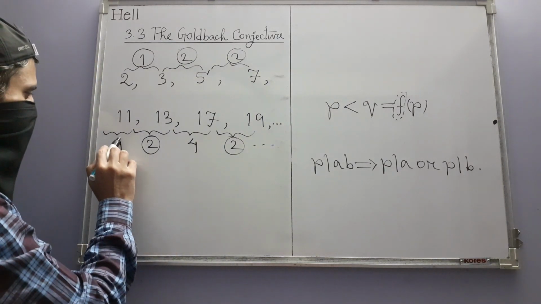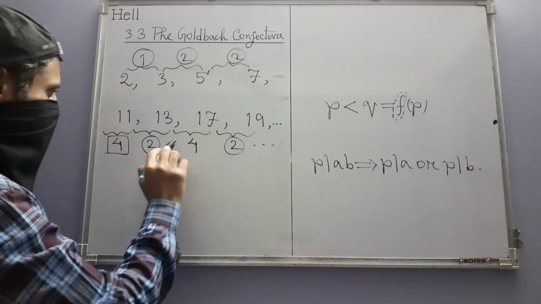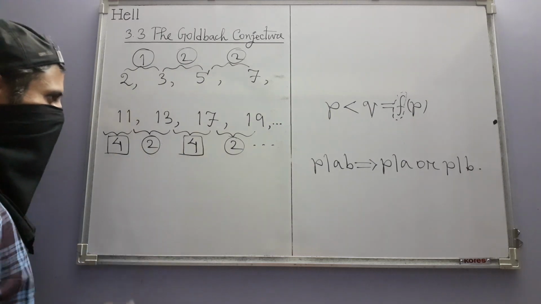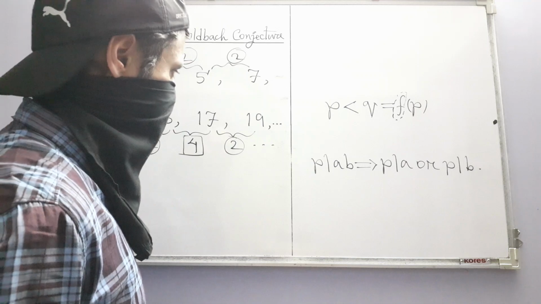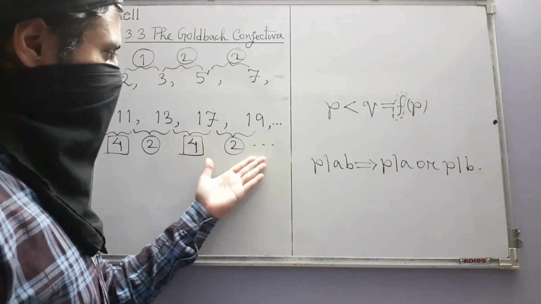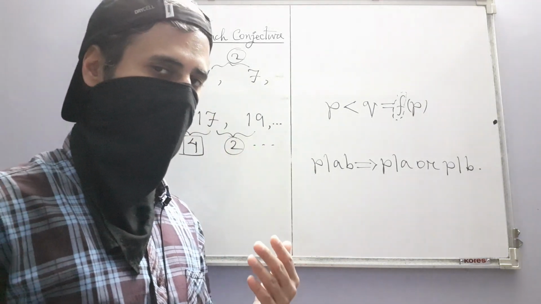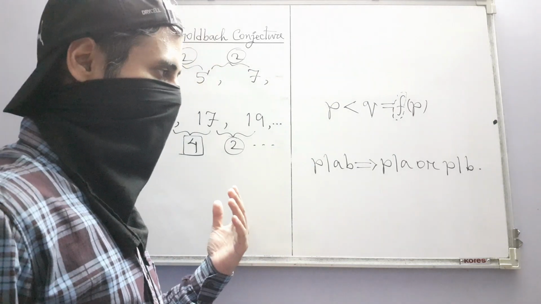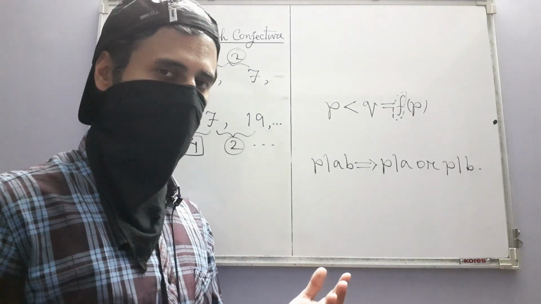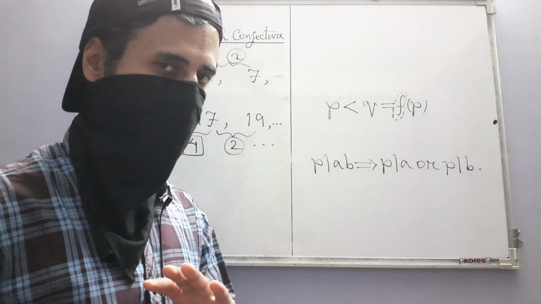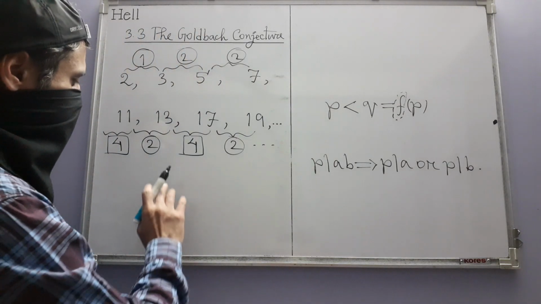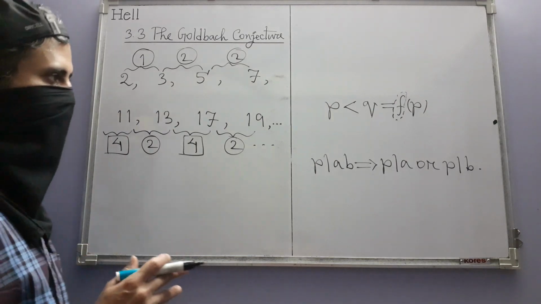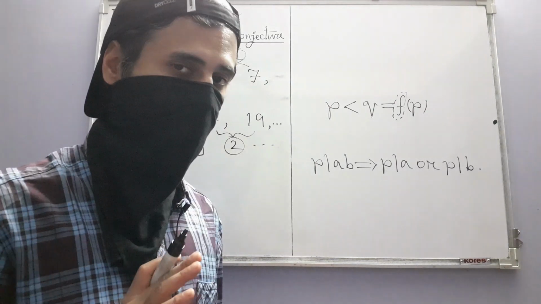But you also have 4. And as I have just now mentioned, you will find larger differences. Now, these first few occurrences of 2 may make you think that, okay, after some stage, 2 should stop appearing. But whether it is true or not is unknown.